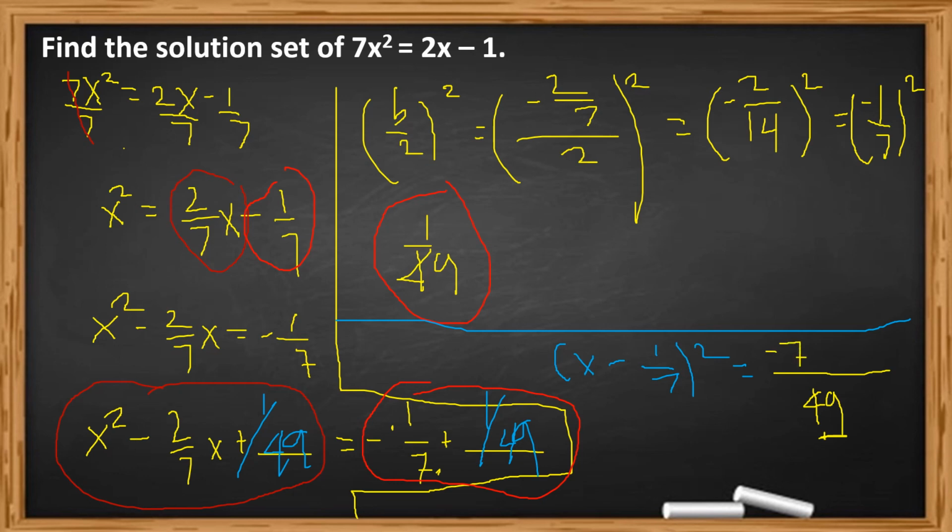Plus 1. Let's continue here on the next slide. So it was x minus 1 over 7 quantity squared equals negative 7 plus 1 over 49.